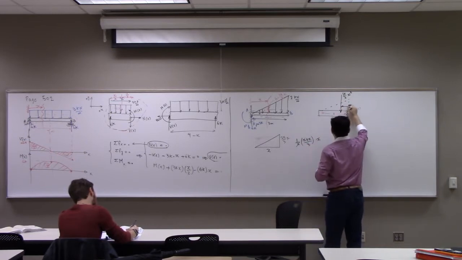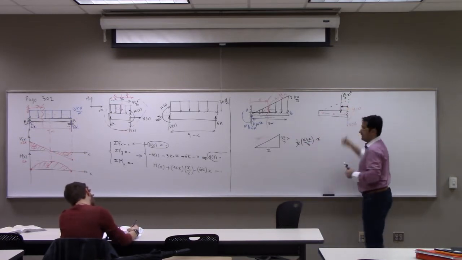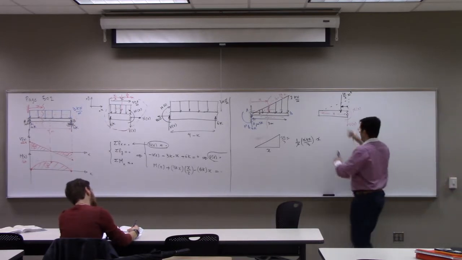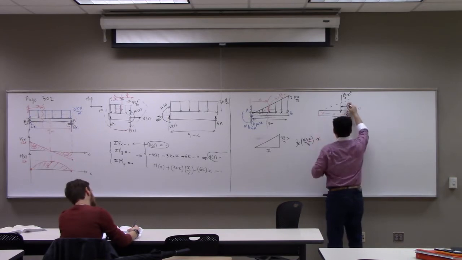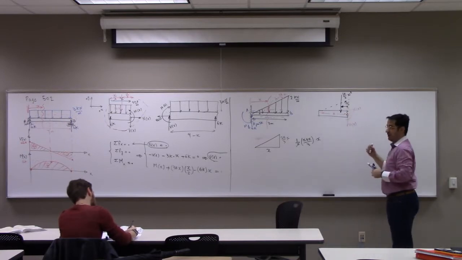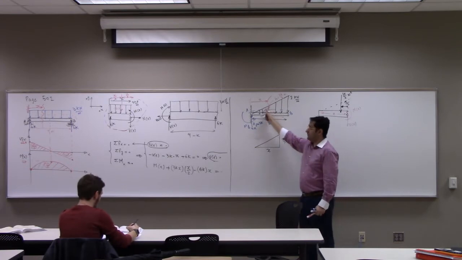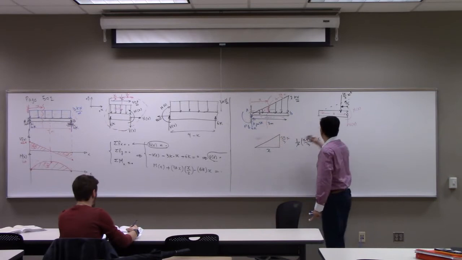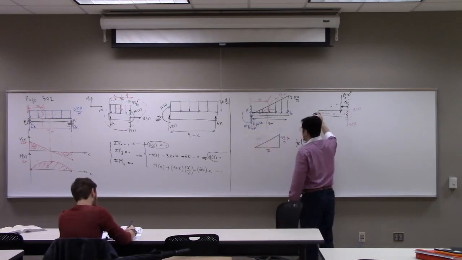Now what is this distance? From here to here. It's 1/3 of x. Here from here is 2/3 of x. So this is x over 3, right? So I'm just trying to find a free body diagram of this part. Then I go to the base. What do I have? Here I have a 6k, which goes up, and I have a, hold on, yeah, this is 3k.